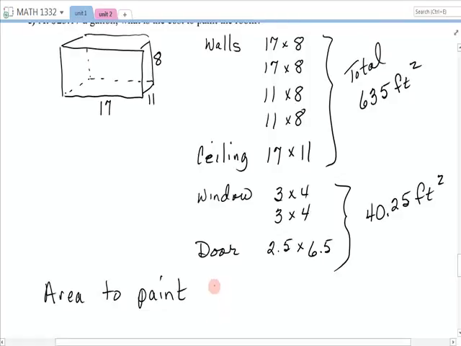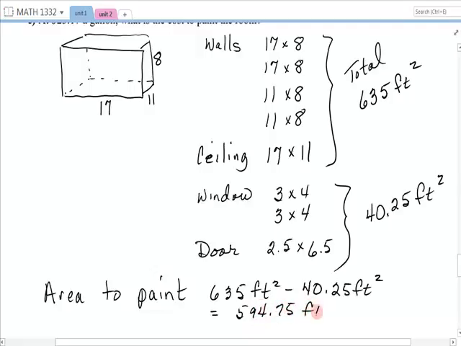I will take 635 feet squared minus 40.25 feet squared. And I will get 594.75 feet squared.